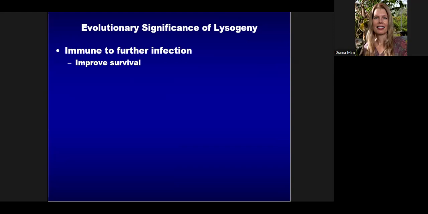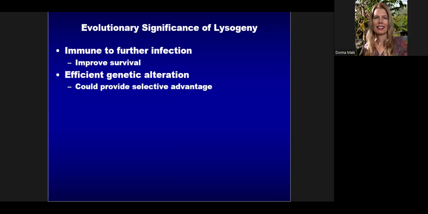I don't know the mechanism. Maybe Dr. Sharp would know. But you're immune to further infection by that virus. So that could definitely help you because now you won't get multiple infections. And like I said, it could give you some adaptation where some of those genes that come along could provide a selective advantage.